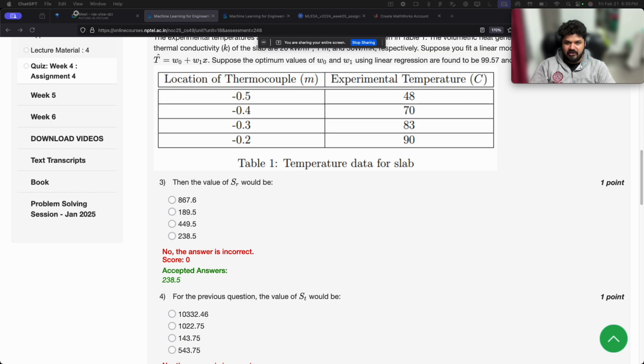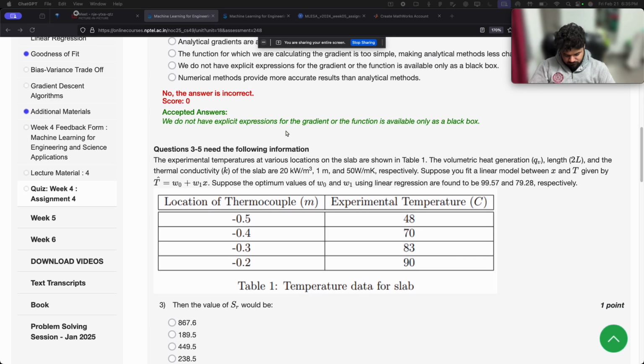Okay, so I'll solve it here. Again, I have to connect my iPad screen.